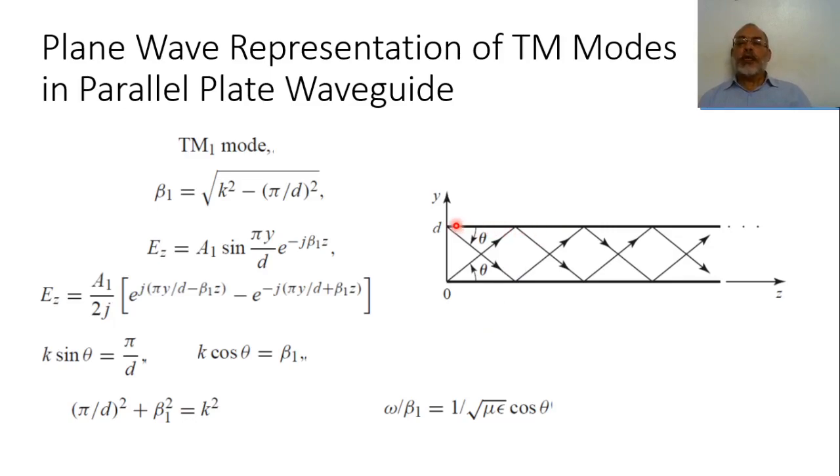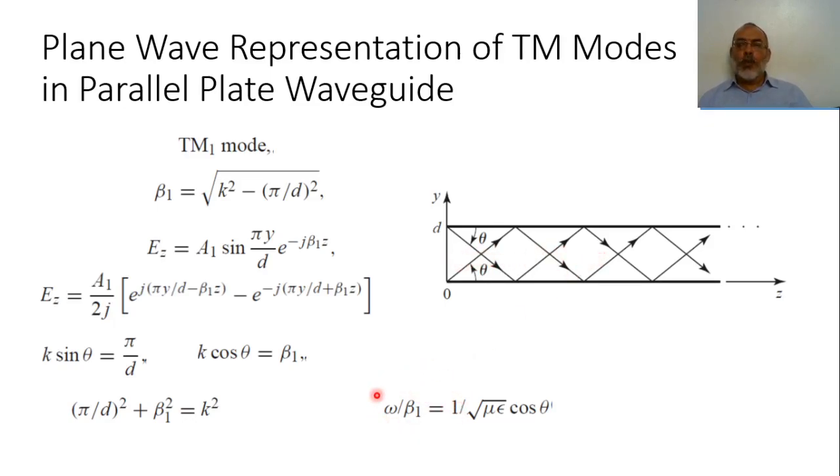So the spacing in the z direction equals the spacing between the phase fronts over cosine theta. Or in other words, the phase velocity would equal the velocity inside the medium, 1 over the square root of mu epsilon, over cosine theta. So this tilting angle is responsible for increasing the phase velocity along the longitudinal z direction.